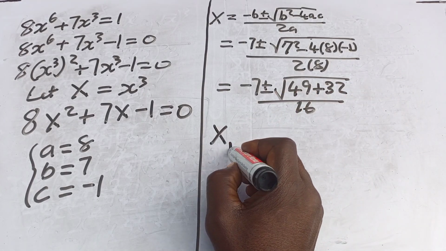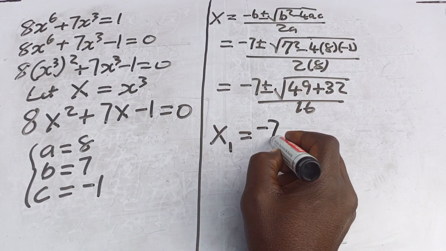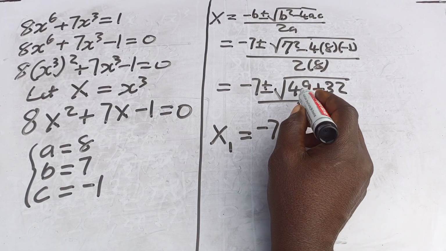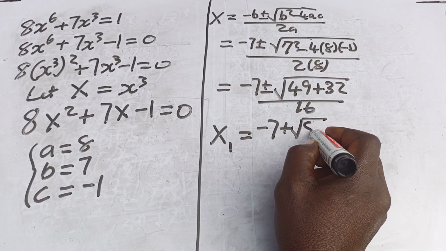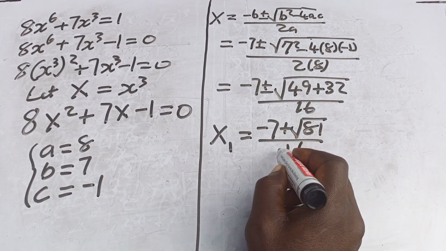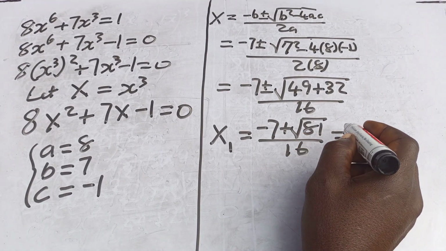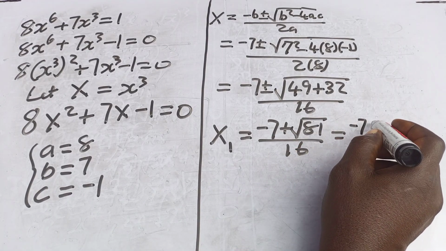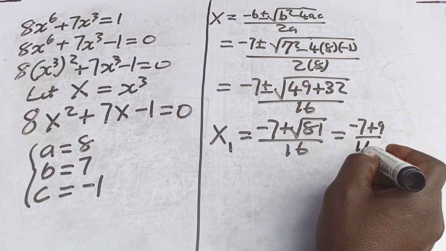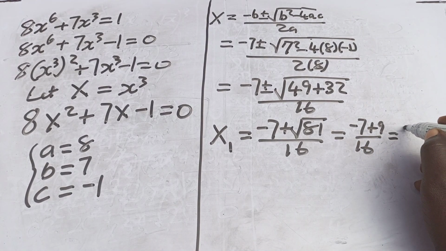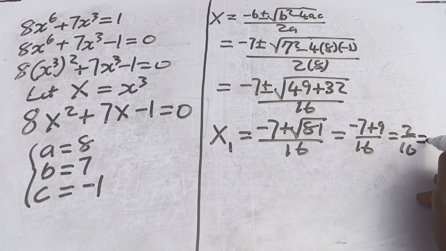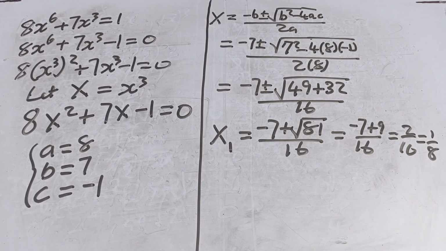So we're going to have the first value as negative 7 plus the root of 49 plus 32 is 81. So we're going to have root 81 all over 16, which is going to give us negative 7 plus 9 all over 16, which is actually 2 all over 16, which is 1 all over 8.